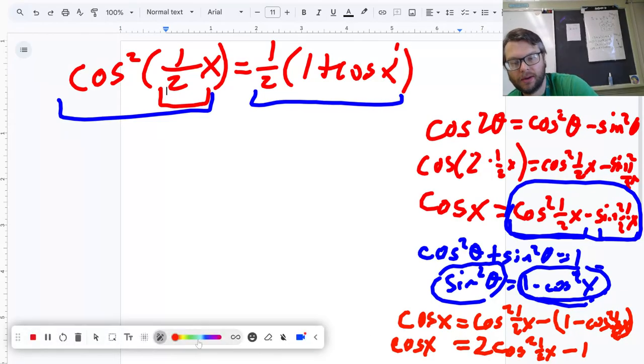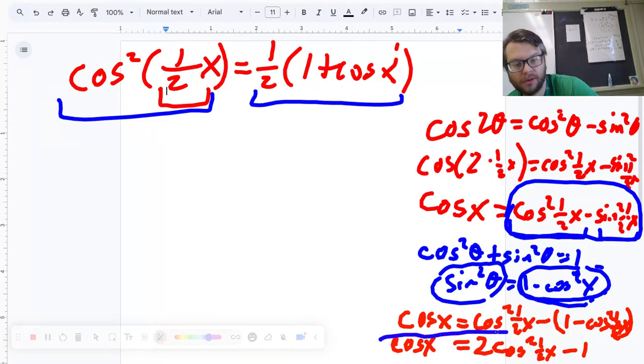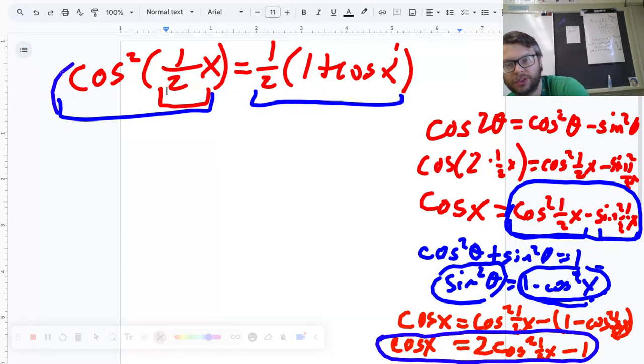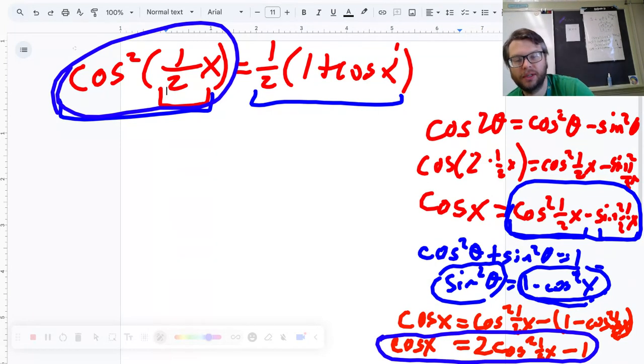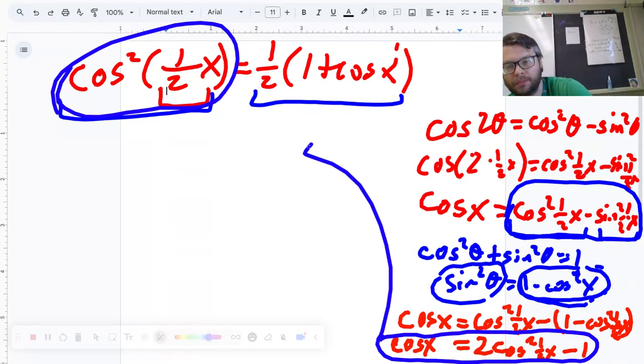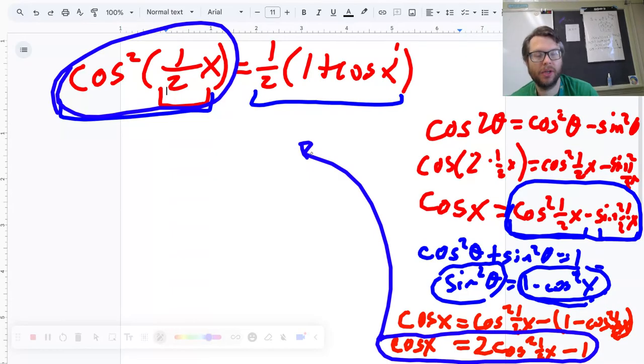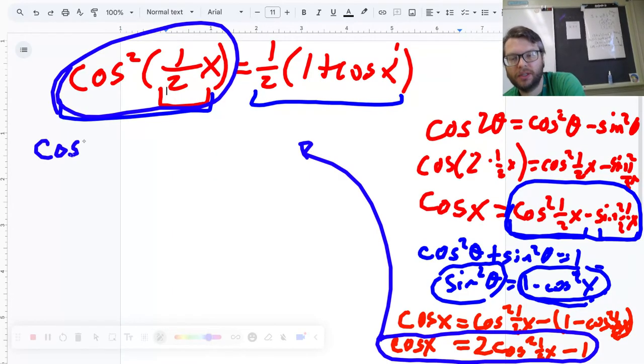So let's compare where we're at now to the problem we're asked to prove. The problem we're asked to prove has cosine squared by itself. So we've got to take this, pop it up here, and we've got to make cosine squared by itself. So I can do that by adding 1 to both sides.